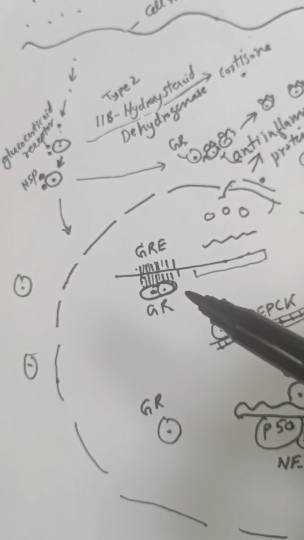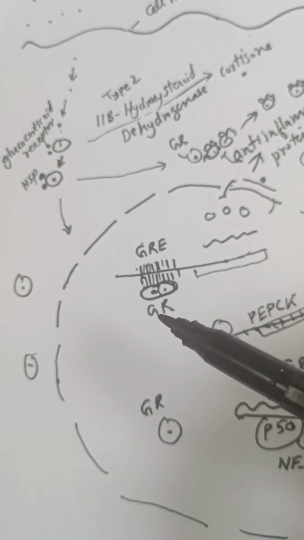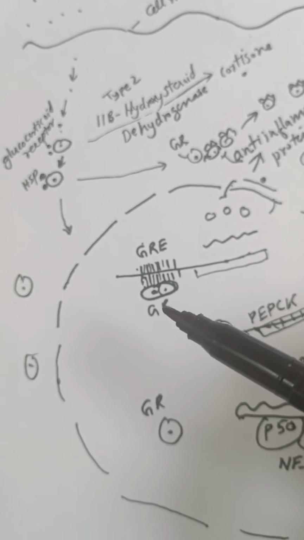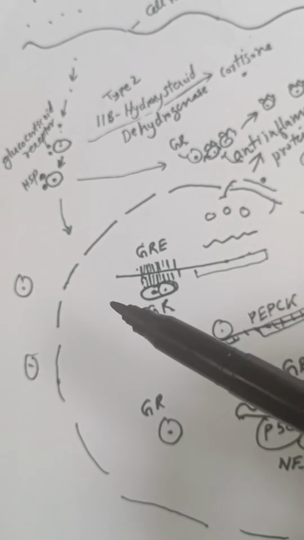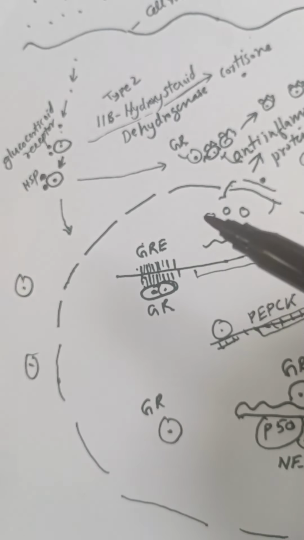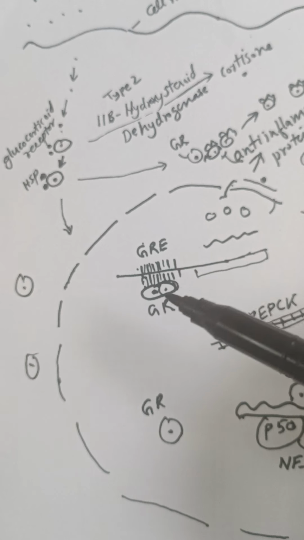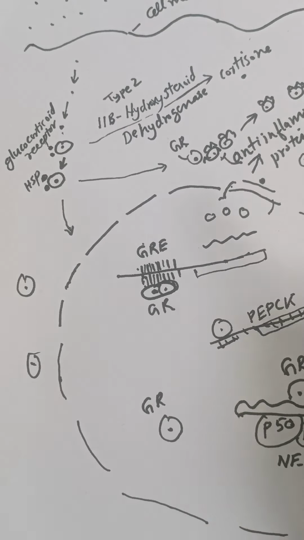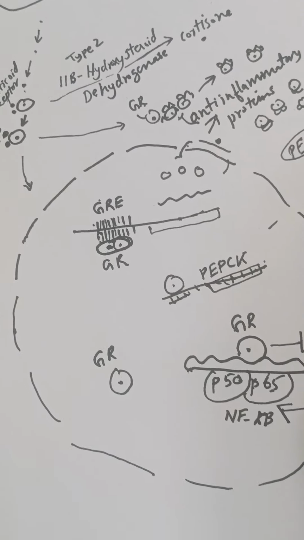The glucocorticoid receptor binds in the form of dimers. Like there are two glucocorticoid receptors that will come into a cell to activate a specific set of genes in the DNA.